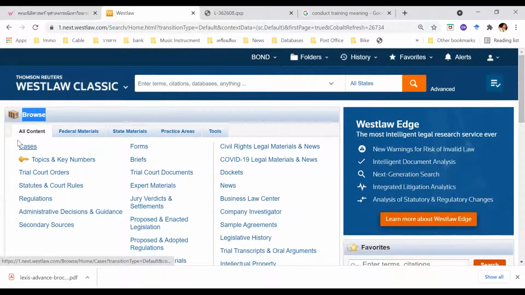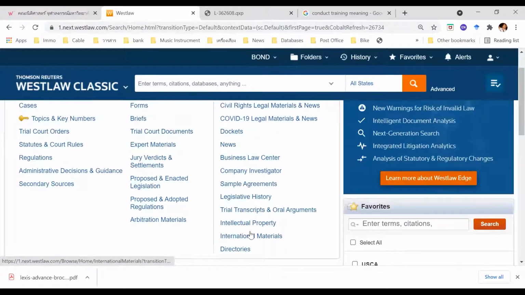If you click cases, it searches only cases in the US. If you want to search cases outside the US, international cases from the UK, you have to move to international materials. So outside the US, you just click here.